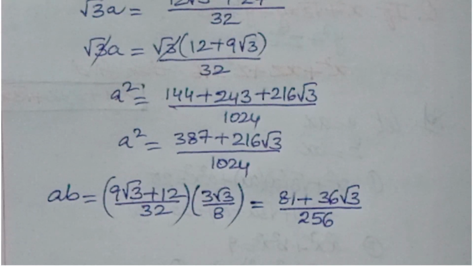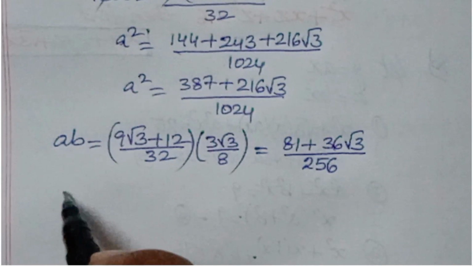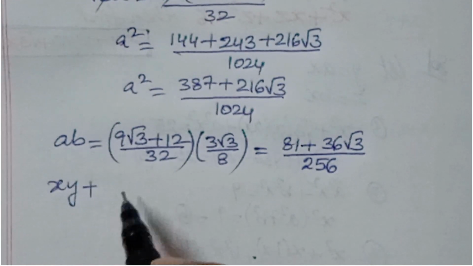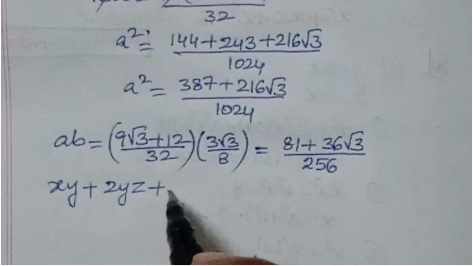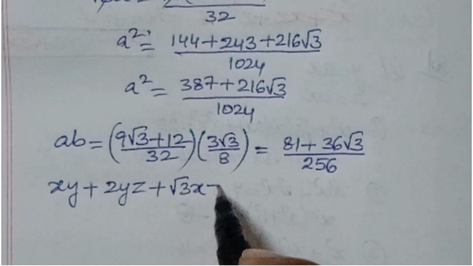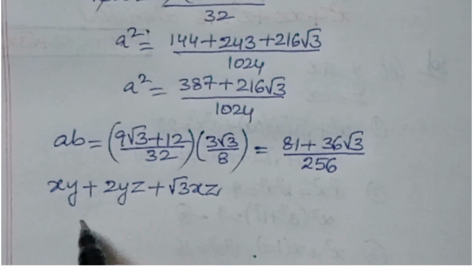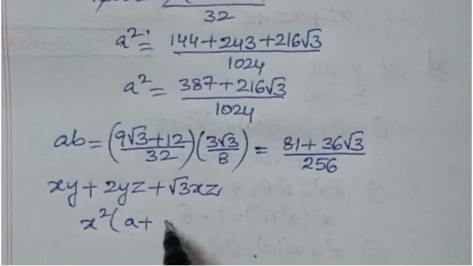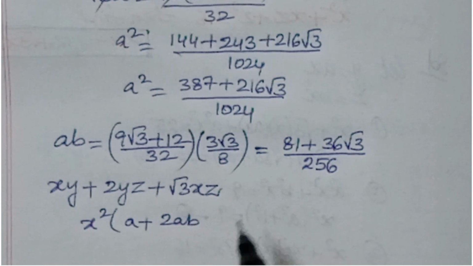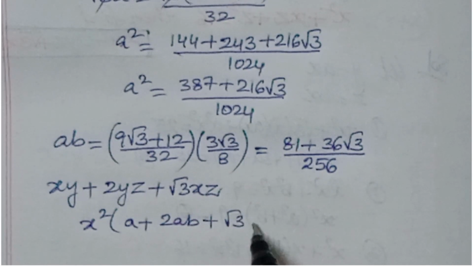Now what is required? What is required is xy plus 2yz plus root 3 xz. So here, if you substitute the values, you'll get x square into (a plus 2ab plus root 3b).